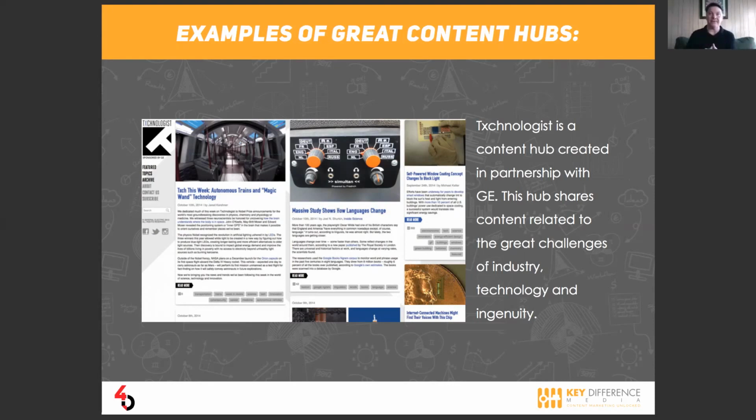So on Technologists here, they come together around this idea of industry, technology, and ingenuity, and all of those exciting aspects of that mindset. And that will attract people who are specific to the GE brand. But really what it does is solidify GE's brand.